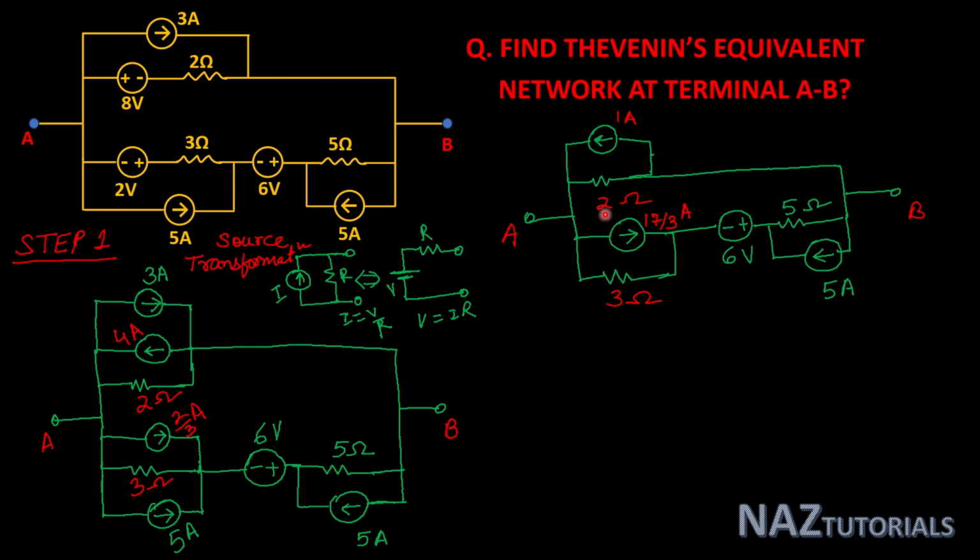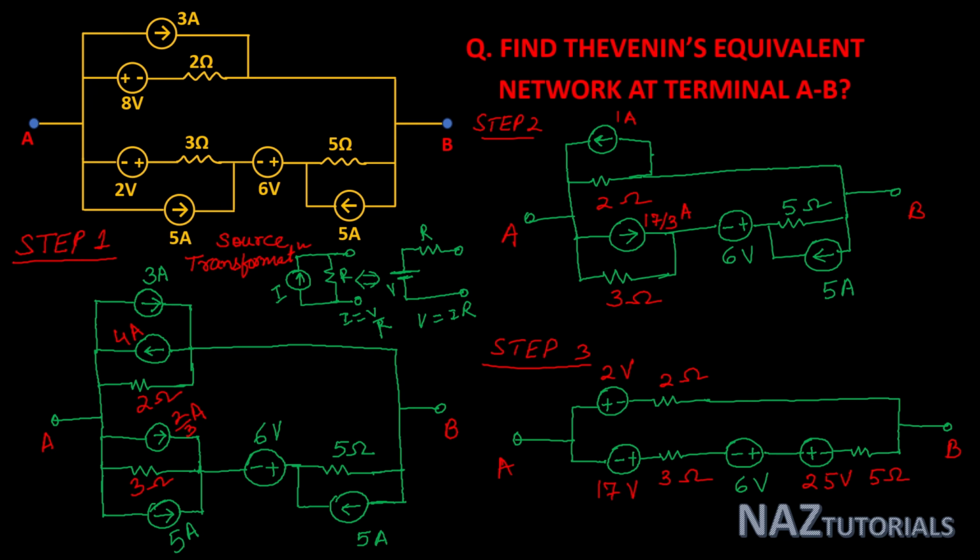Now here we see there are current sources in parallel with resistances, so we can transform these sources by source transformation into voltage sources in series with resistance. Let's see. This is the equivalent as we transform all these current sources into voltage sources.